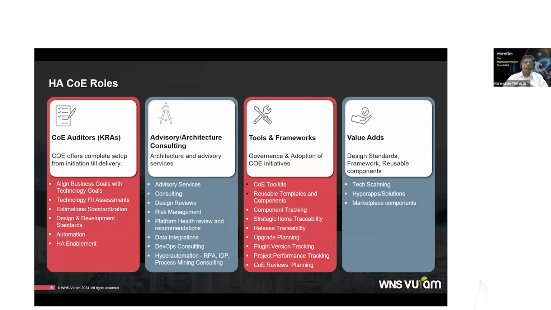Now, from a role perspective, I would say the number one criterion for a standard hyperautomation COE is advisory or architecture consulting. And lately, we are seeing this assuming a lot of importance, primarily because, for a given project, like I said, there is a lot of emphasis on which technology to bring in in order to automate it. So the consulting team should be very well equipped. It should be cross-functional.